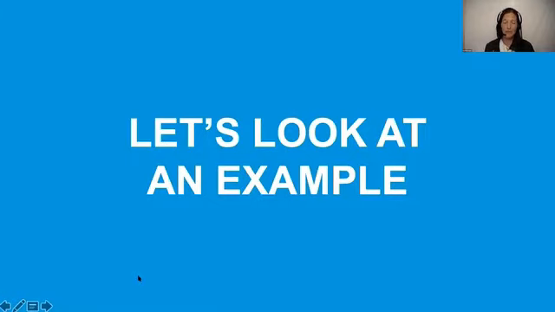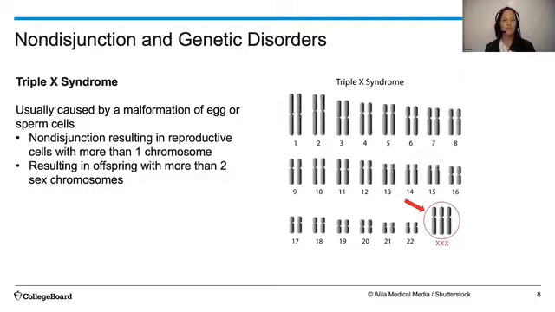So let's look at an example of this. Examples always help us clarify confusing content. So an example is something called triple X syndrome. What happens with this genetic disorder is that there's a malformation either in the egg or sperm cells.